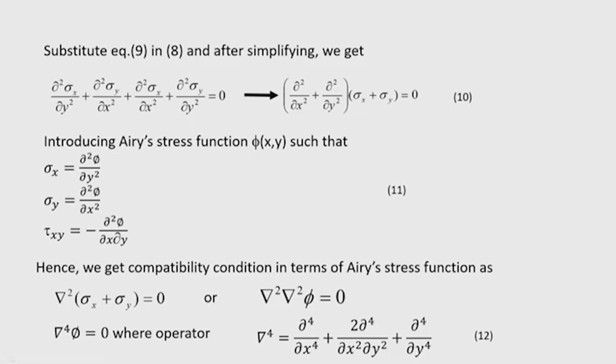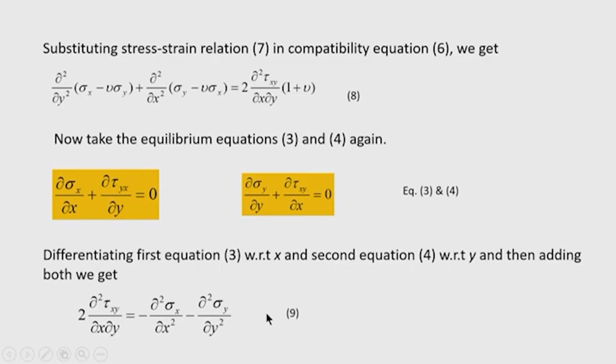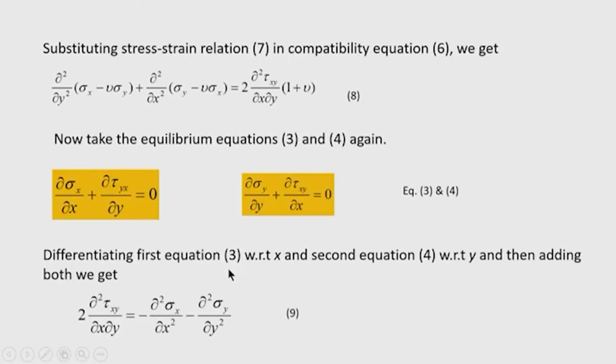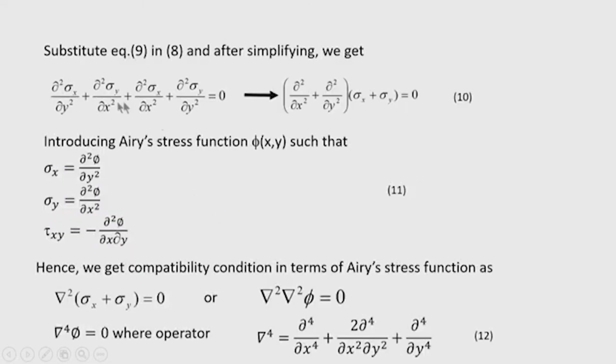Now, this equation, which I numbered 9, is substituted in equation 8. Referring to the earlier slide, you substitute equation 9 directly here, and you will get an equation like ∂²σ_x/∂y² plus ∂²σ_y/∂x² plus ∂²σ_x/∂x² plus ∂²σ_y/∂y² equal to 0.